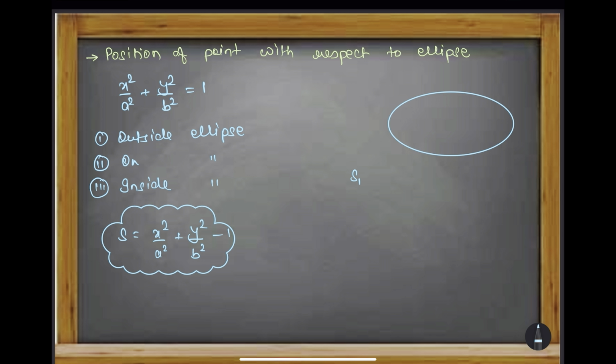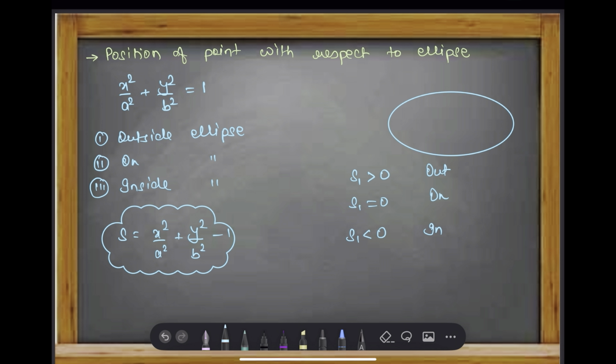If S1 comes out to be greater than 0, the point is outside the curve. If S1 comes out to be 0, it is on the curve. If S1 comes out to be a negative number, it is inside the curve. You have studied this in circle, then parabola, and now in ellipse. It is the same here as well.